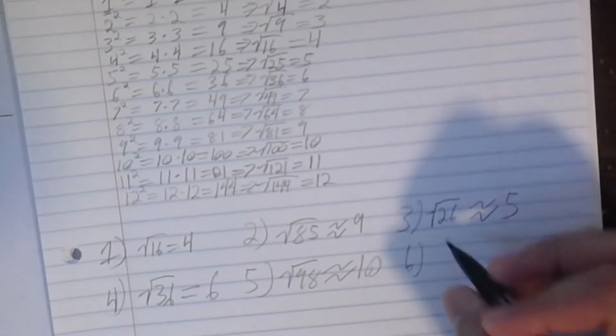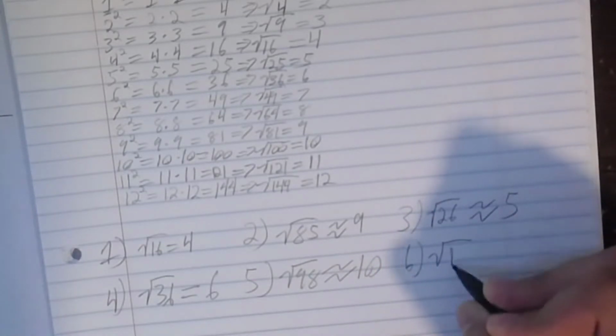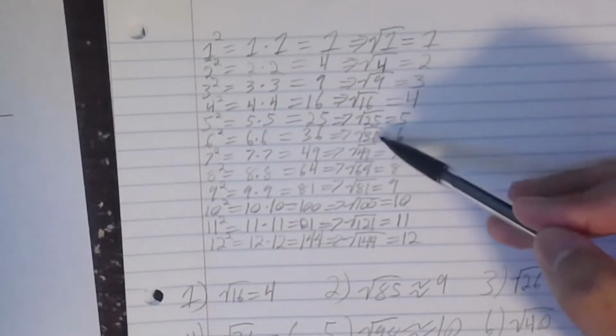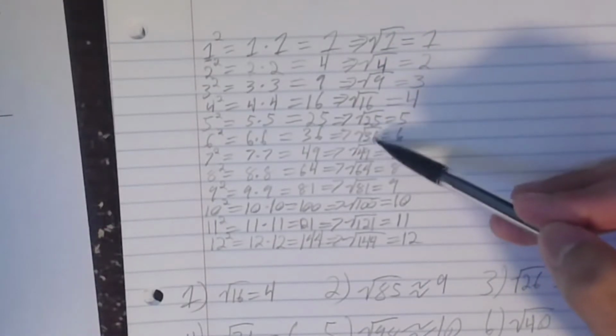Now we do square root of 40. Same thing. We just look where it is. It's in between 36 and 49. Where do you think it's closer to, 36 or 49? Well, it's only 4 away from 36 and it's 9 away from 49, so 36 is closer.